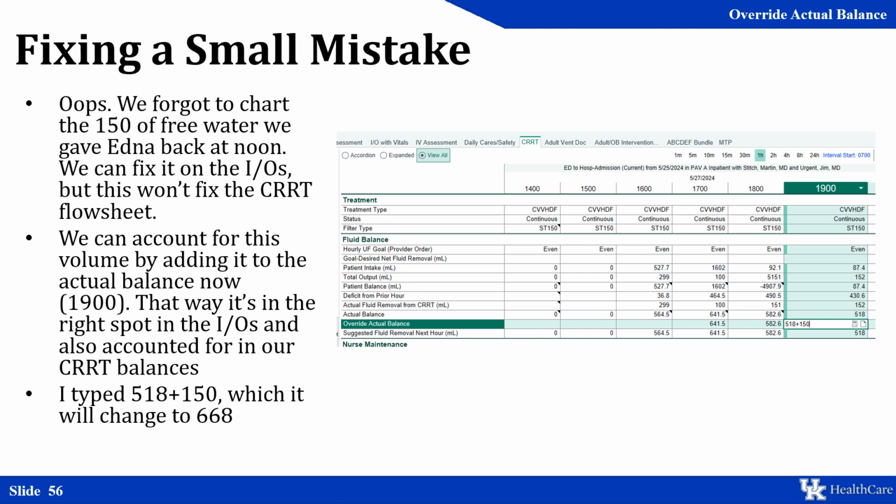What we'll do is we will put that onto our goal simply by adding 150 to our actual balance for 7 o'clock using the override actual balance. So in this case at 7 o'clock, our actual balance was 515. We will simply add the 150, and once we hit enter, it will change our actual balance to 668.